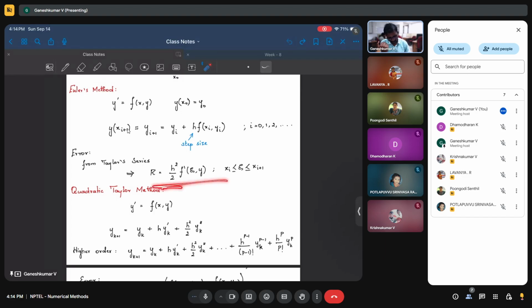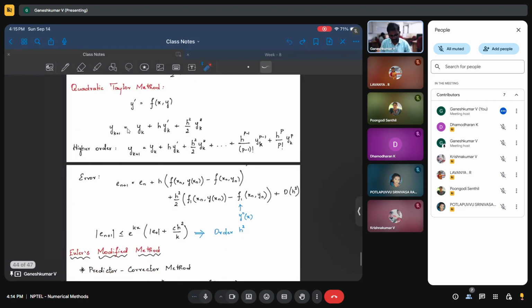Now we saw that Euler's method is very bad, in the sense you have to take very small step size to get accurate solution. So we went with better methods. One of the methods is the quadratic Taylor method, where instead of stopping at the first derivative in the Taylor series, we also include the second derivative, that's quadratic.